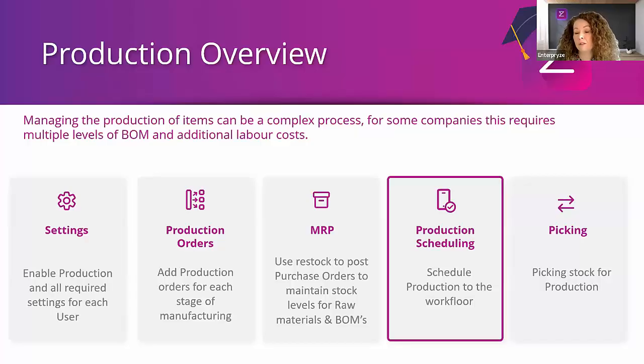You have to allocate the production orders to those different route users. And then you can see visibly on the scheduler, on the resource planner, for each of those routes or users, exactly what has been scheduled in for production over the coming days or weeks.